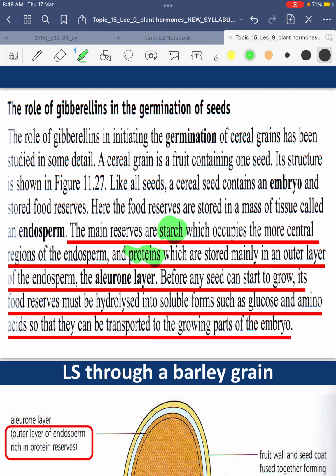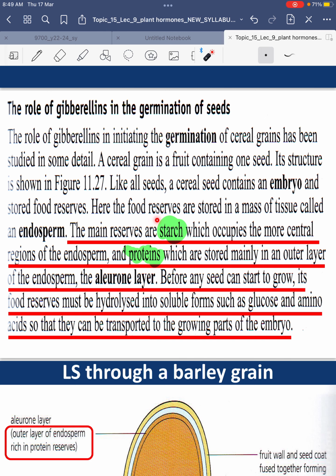Before any seed can start to grow, its food reserve must be hydrolyzed into soluble forms such as glucose and amino acids, so that they can be transported to the growing parts in the embryo. Normally seeds contain carbohydrates, which is starch, proteins, and also fats, lipids.